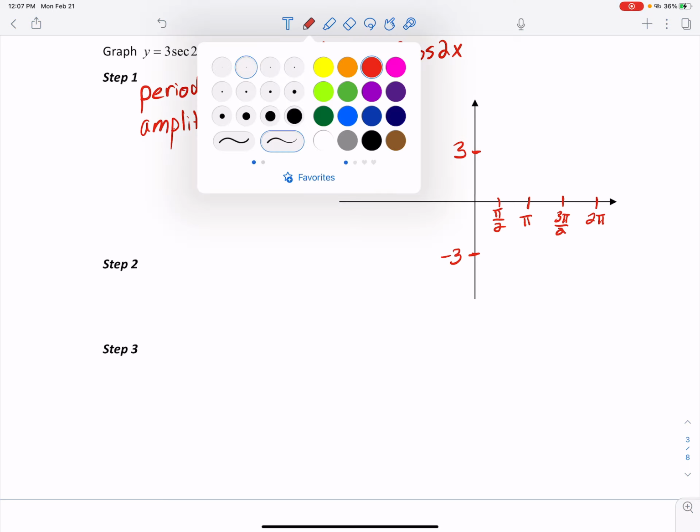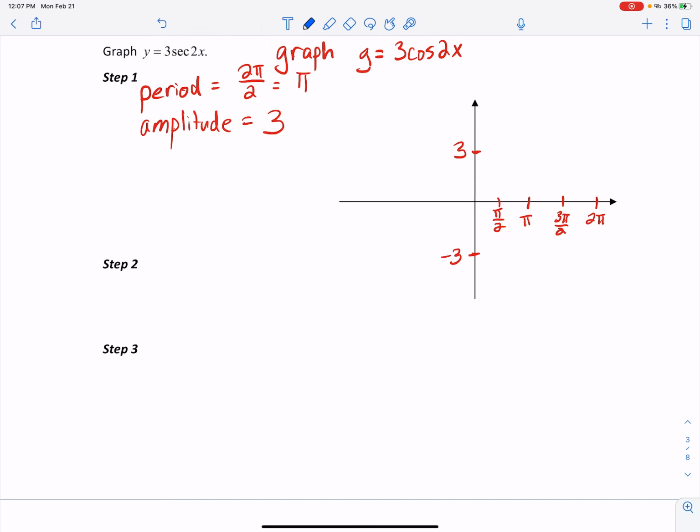I'm going to do it in some other color. You may want to do it dotted, and I'll do it in dots here too. Cosine at 0, does it start on the main line or does it start above it? Above it. So I'm going to graph that point there, and then I just follow the cosine pattern, all the way down, then all the way back up.